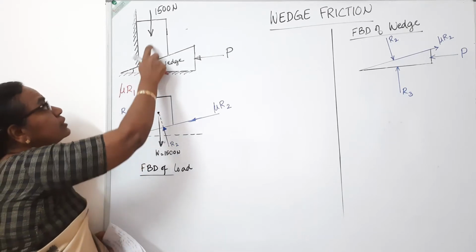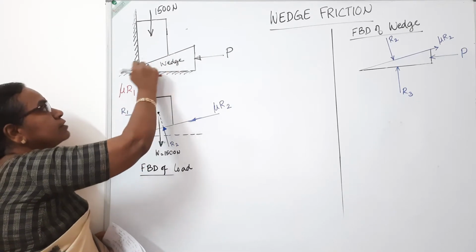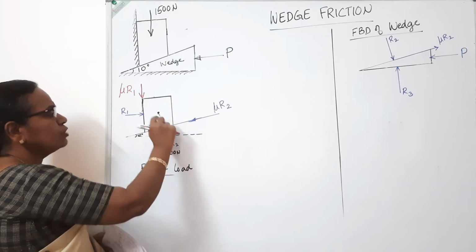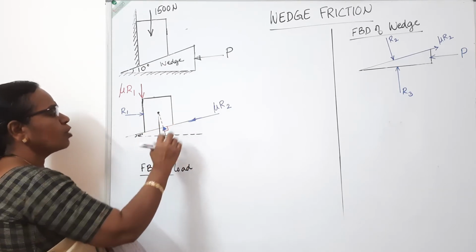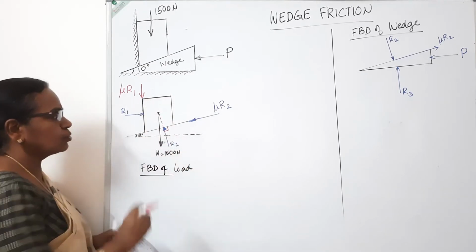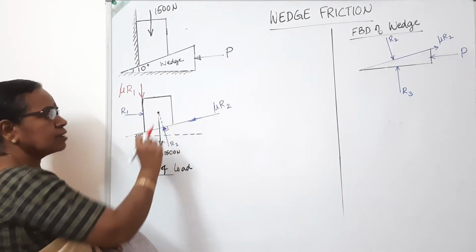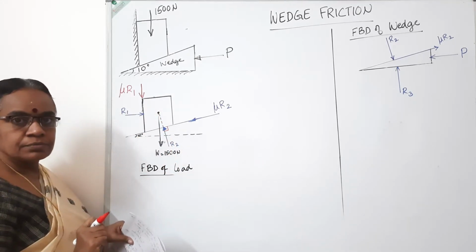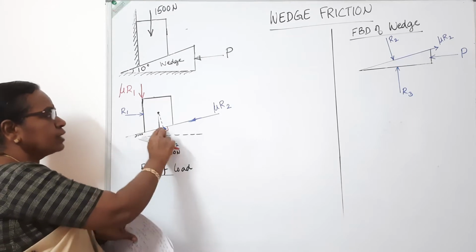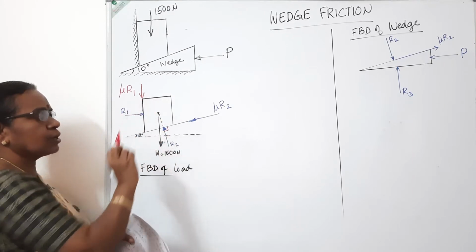Then there is contact between the block and the wedge at this surface. So there will be a reaction normal to this surface, R2. I have marked this as R1 and this as R2. So the self weight, the normal reaction at the contact surfaces perpendicular to the surface.